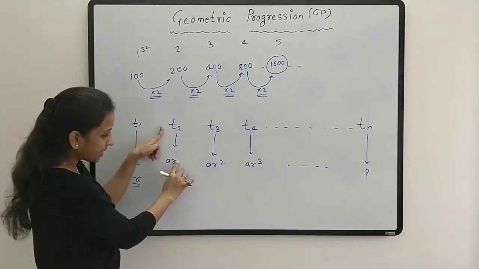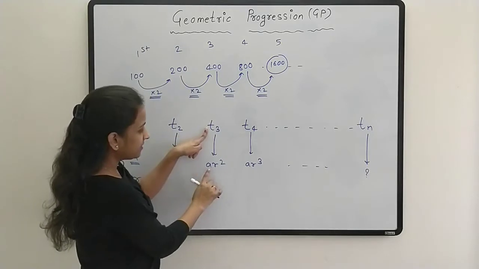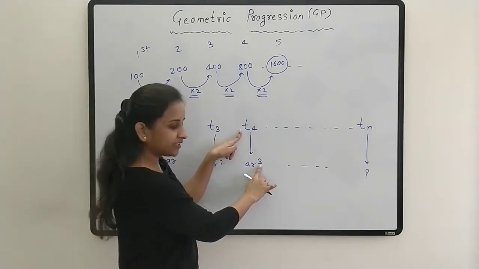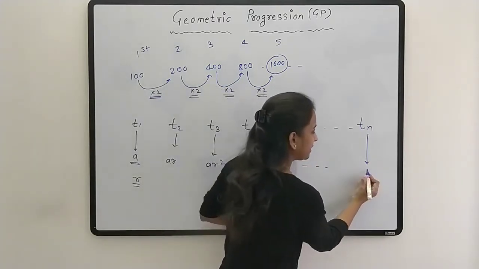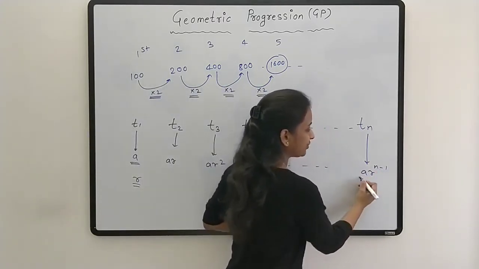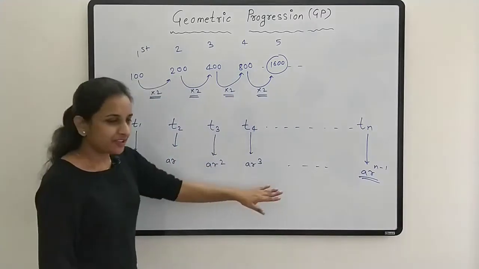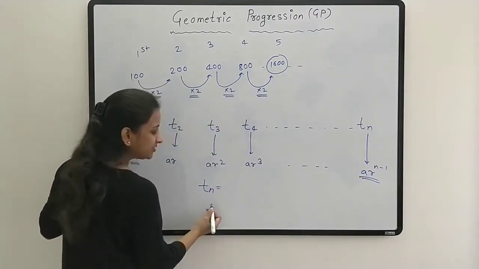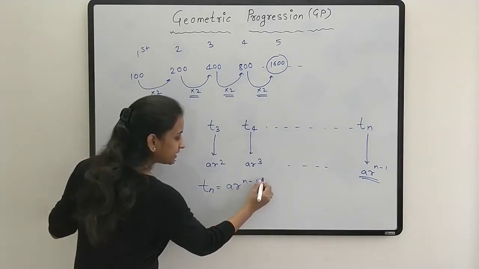The second term is A into R power 1. For the third term, it is A into R power 2. Fourth term, A into R power 3. The nth term will be A into R power n minus 1. Understood? How to find the nth term of GP? So, we can say Tn, the nth term of GP, is A into R power n minus 1.